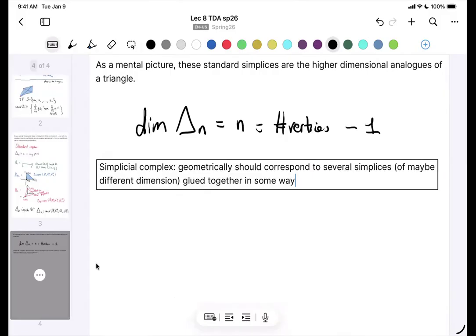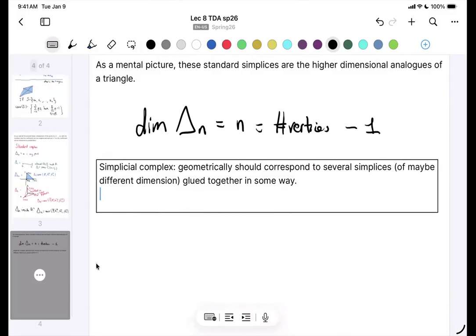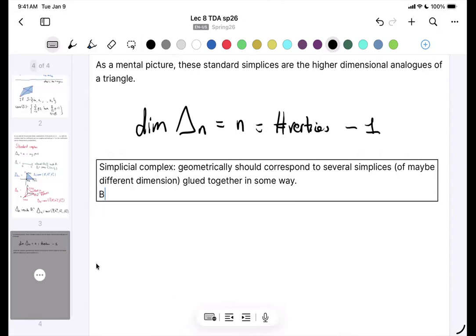Again, we will describe them at a combinatorial level, and use the pictures to motivate the idea behind them. The combinatorial description is very straightforward. So we'll define them that way, because it's just easier to work with.